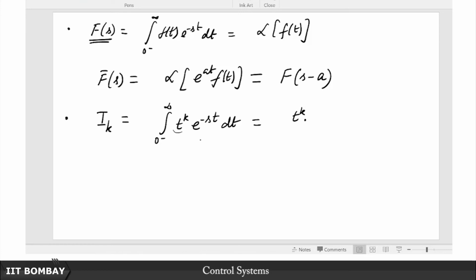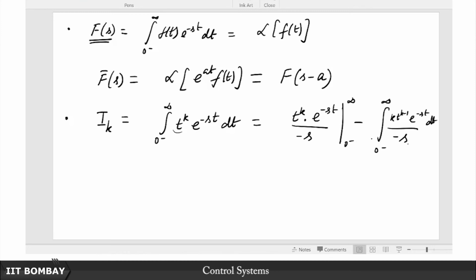So this is u, this is dv, so we get e^(-st) upon minus s, the limit taken from 0 minus to infinity, minus the integration of this same thing, where you have to differentiate t^k, which gives k t^(k-1) e^(-st) dt upon minus s, from 0 minus to infinity.